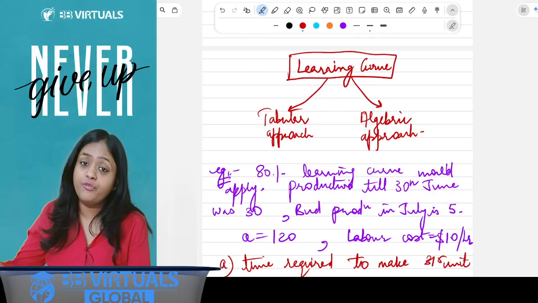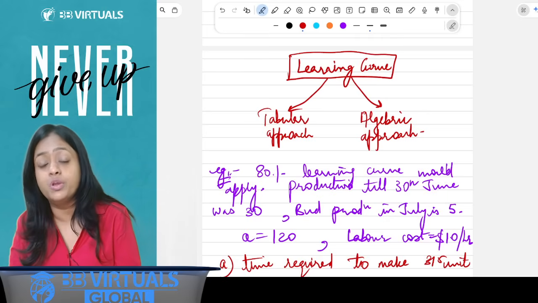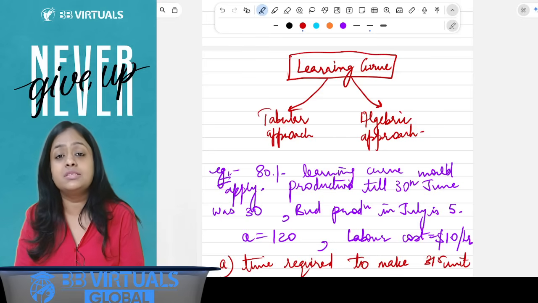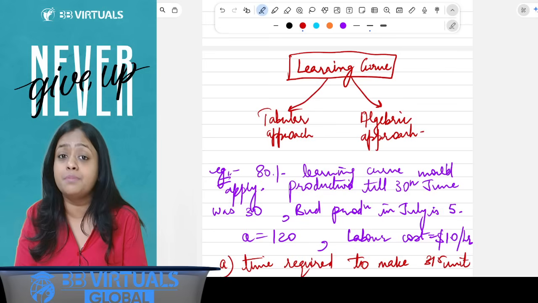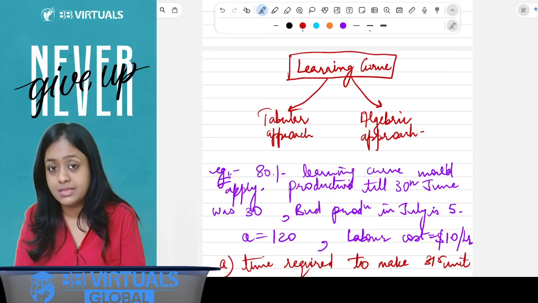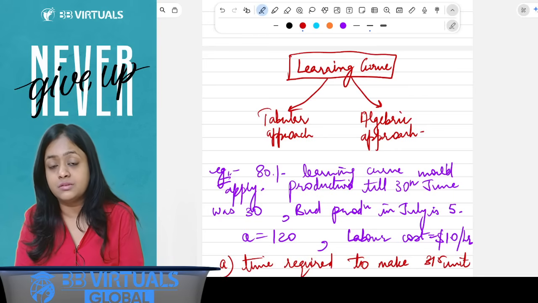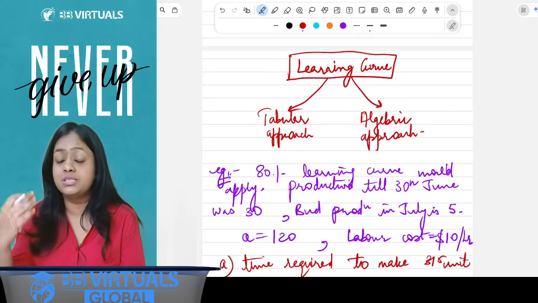It will go on for many such units, but then there will be a point beyond which learning cannot take place and learning stabilizes. So there we stay, learning stops. So here the learning curve method comes into picture. Learning curve method simply says that because the worker is learning, the cumulative average time gets reduced while you're producing the next unit.